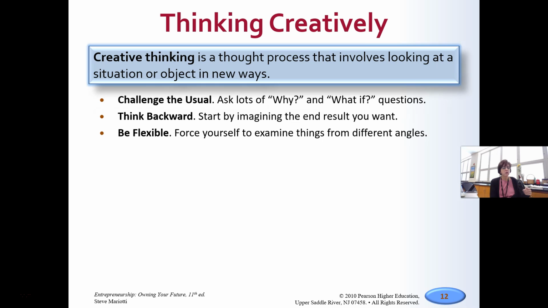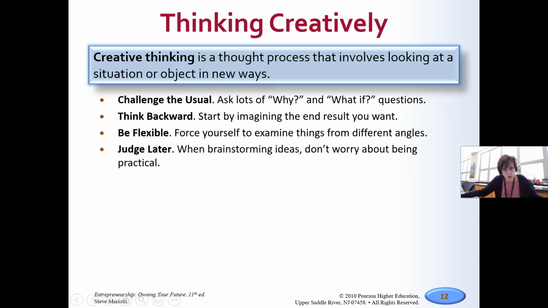Sometimes you have to think backwards. In order to get to an idea, you have to think, how did we get to this particular point? And then you have to be very flexible, because sometimes you're going to get shot down and people are going to reject you, but you have to be flexible in adversity.